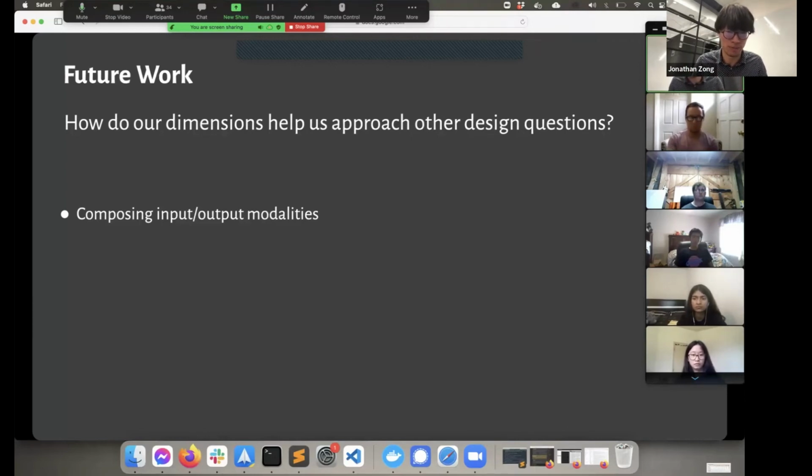For example, if people don't use keyboards and use non-standard buttons or other assistive tech for motor impairments, how do we make that compatible? And thinking about different output modalities as well.